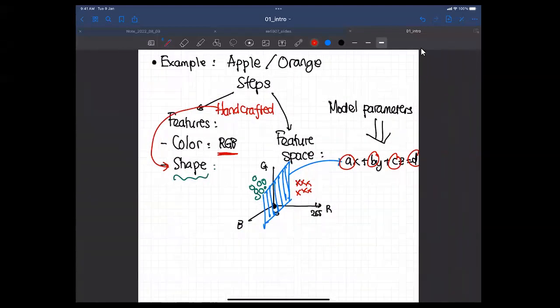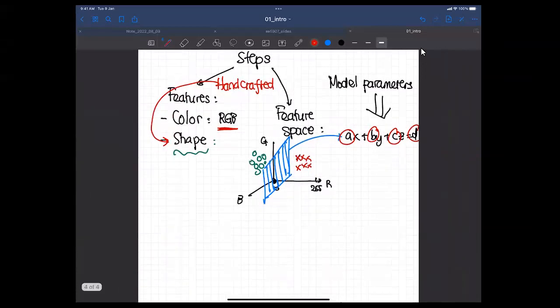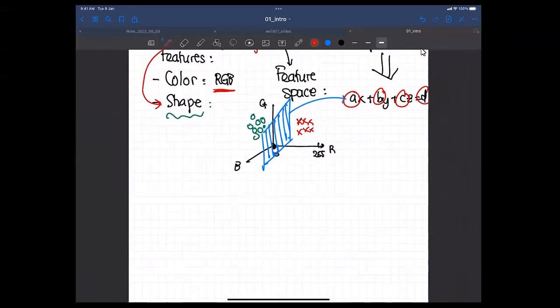Okay, if there are no questions, basically that's the concept there. And of course, color is not everything here. Because, for example, what happens if your apple is not a green apple but a red apple? How can you differentiate between a red apple and oranges? The colors are very similar.